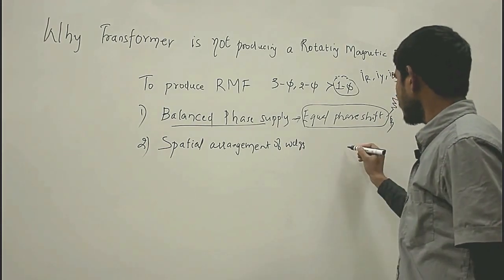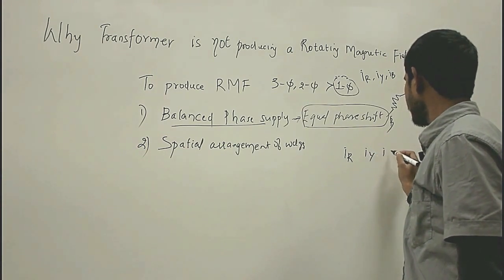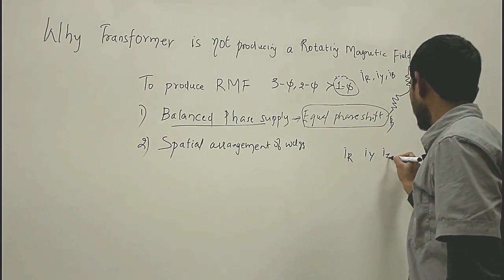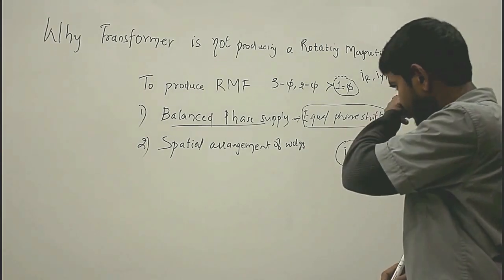Now when all the three currents are displaced equally in time, then only the supply is said to be balanced phase supply.